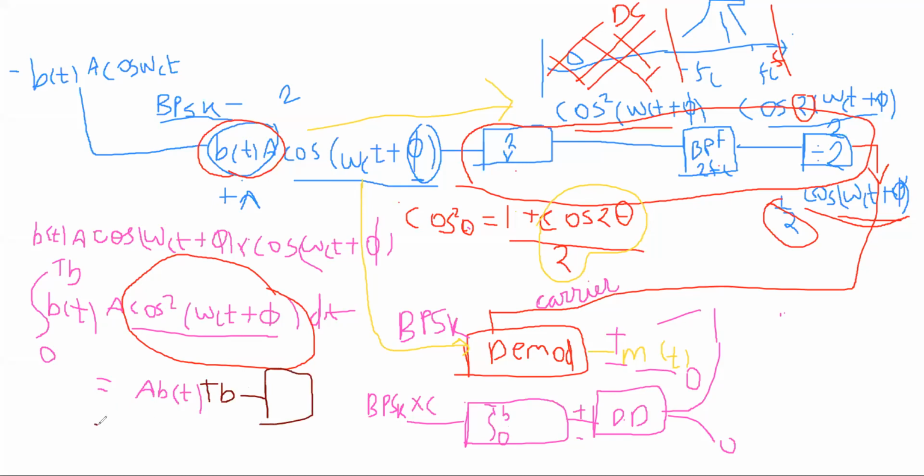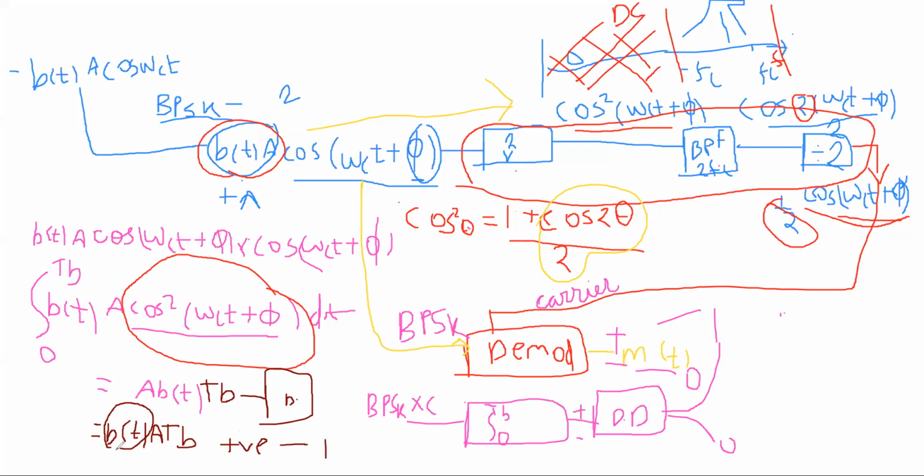Now b of t is the polarity, multiplied by A into TB, so it is just a constant DC voltage. If b of t is positive, the output signal will be positive, and this positive signal is given to the input of the decision device, and the decision device will take the decision in favor of logic 1.